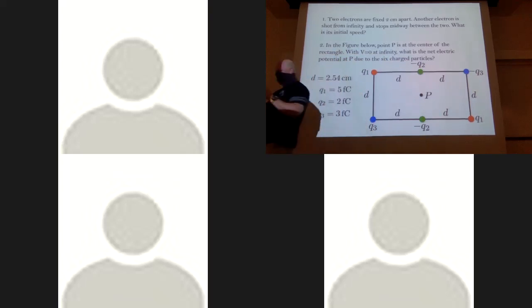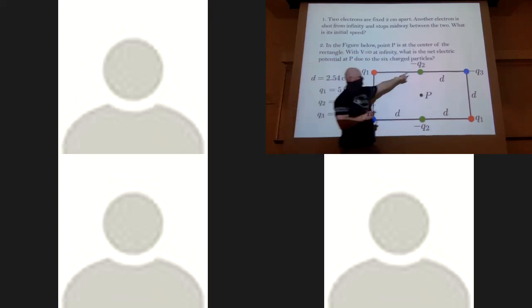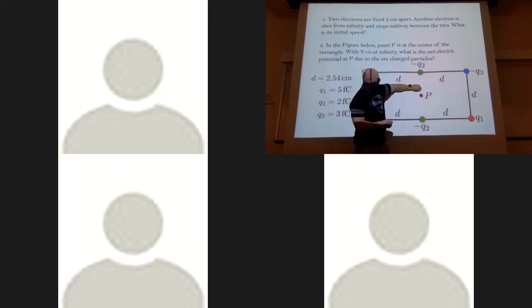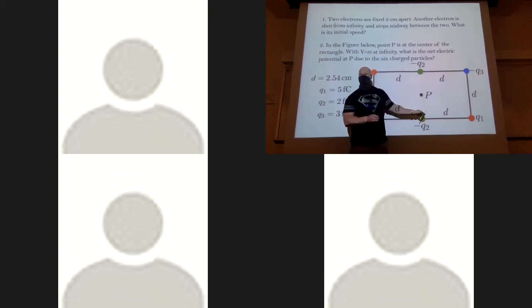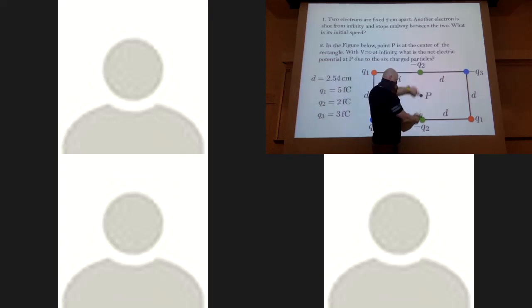When it comes to potential, be a little bit more careful than you were with electric fields. With electric field, this guy and this guy would actually cancel each other, because from here, this electric field will point this way, and this one will point this way. But with potentials, that's not true anymore, because it depends on the sign and only the distance, which means that these 2 are equidistant.